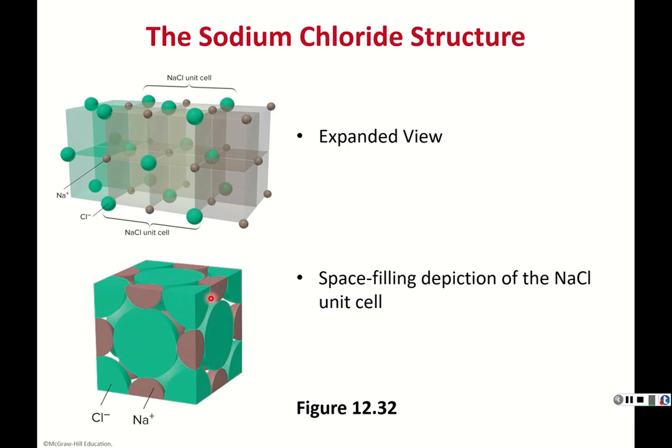If you do the space filling of that unit cell, you see that it's a face-centered cubic of chlorides, and the sodiums now would appear to be one in the center.